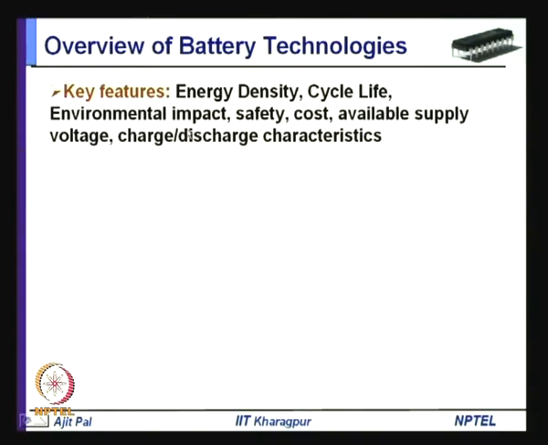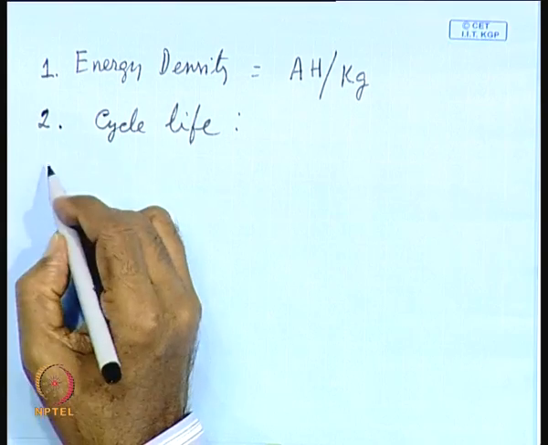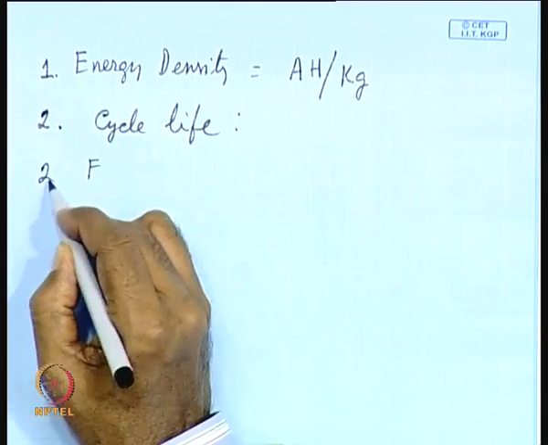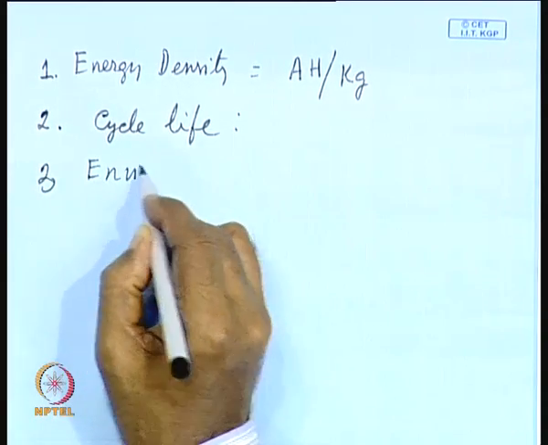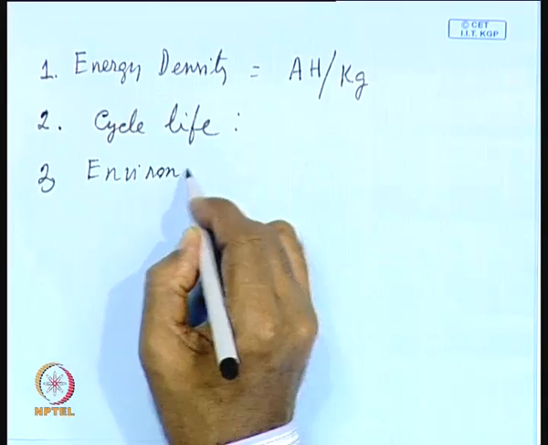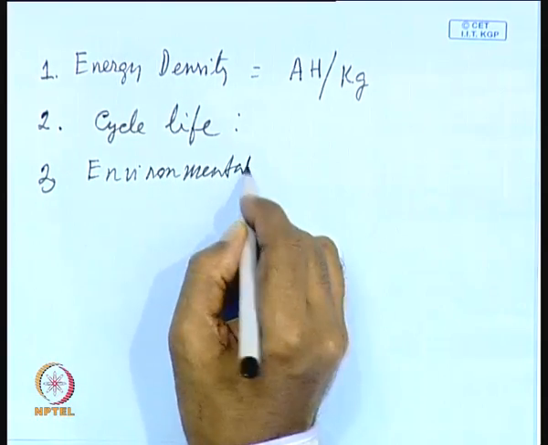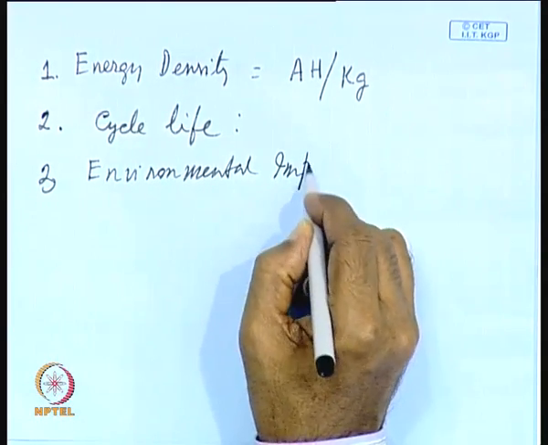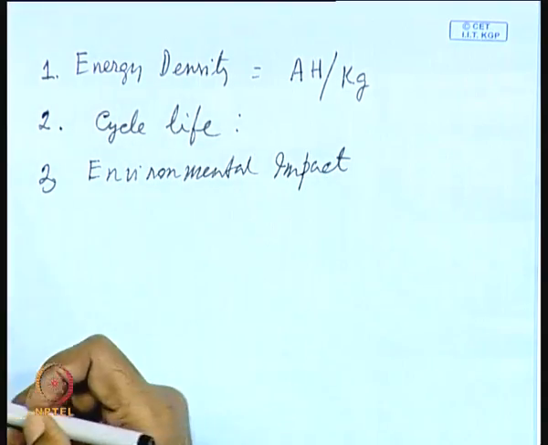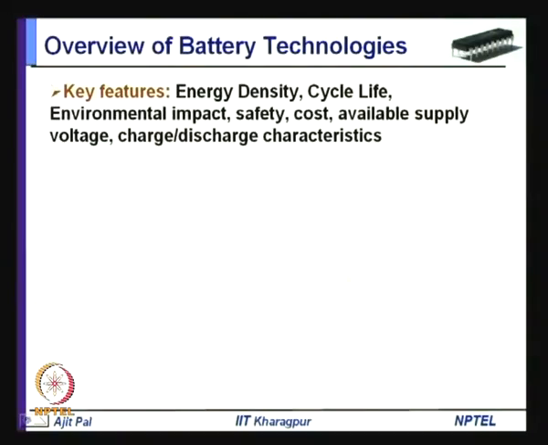Then environmental impact. What is environmental impact? To realize these batteries, you are using some chemicals which may be toxic. For example, in nickel cadmium batteries, you are using cadmium.